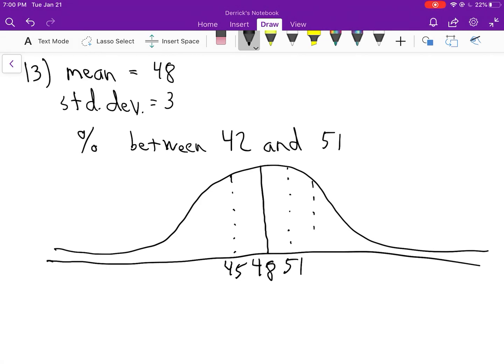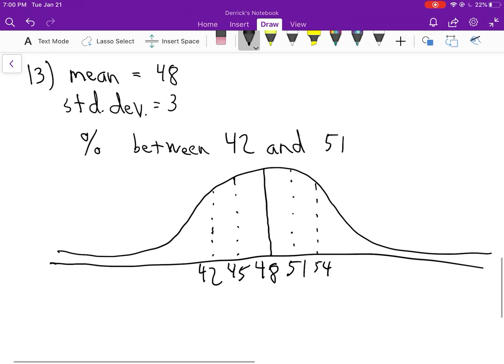51 plus 3 is 54, so now I'm 2 standard deviations out. 45 minus 3 is 42. Now I've found 42 and 51, and I had to go out 2 standard deviations to find both of them. This is not as easy a question as 12 was because it's not symmetric on both sides.